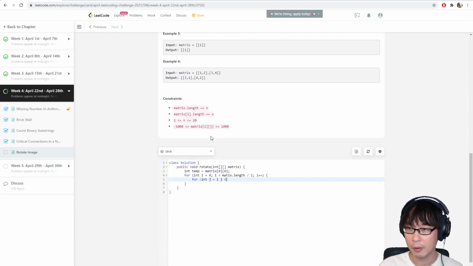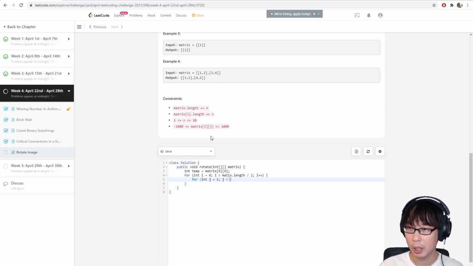So what's the length? Not length. I want the column count.